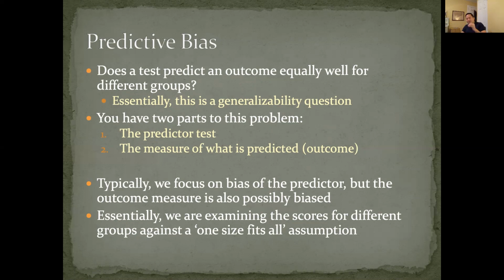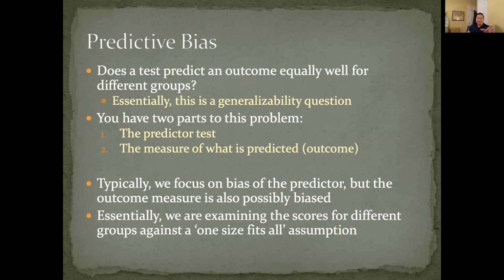And one key thing to note, and we'll walk through regression here in just one second, is there are a couple of different moving pieces here. We have our predictor, the GRE, and our outcome, graduate student success. Let's just say it's graduate school GPA, to oversimplify for the sake of example. Typically, we focus on bias in the predictor, bias in the GRE in this case, but the outcome could possibly be biased.